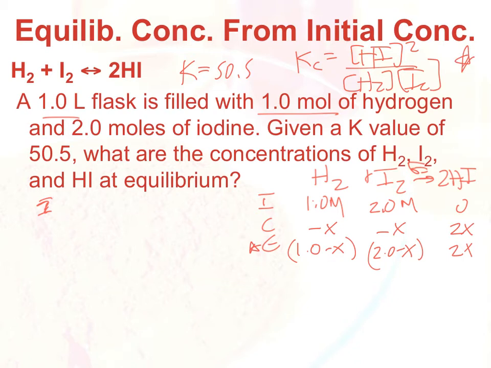So our Kc is going to be equal to (2x) squared divided by (1.0 minus x) times (2.0 minus x), and this is what our Kc, which is 50.5, is all equal to.